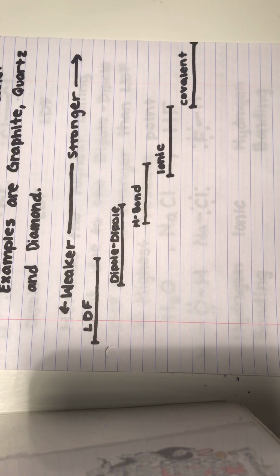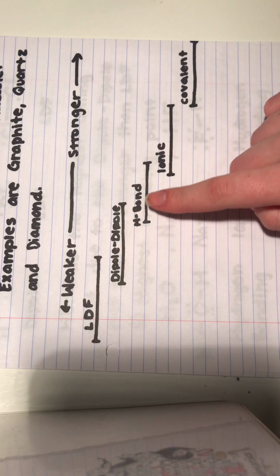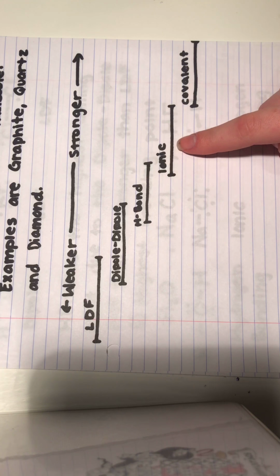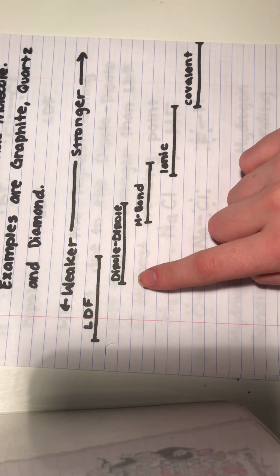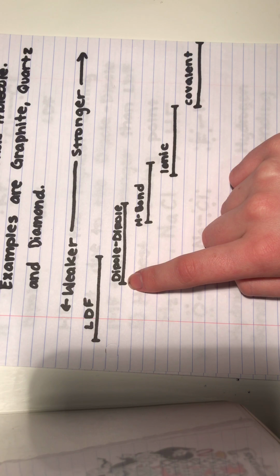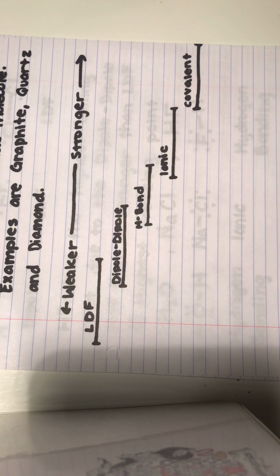So, set up next to each other to show a comparison between the strength of these intermolecular forces, we have LDF, dipole-dipole, hydrogen bonding, ionic bonds, and covalent bonds. As you can see, the one after each slightly overlaps the one before it, except for covalent bonds.